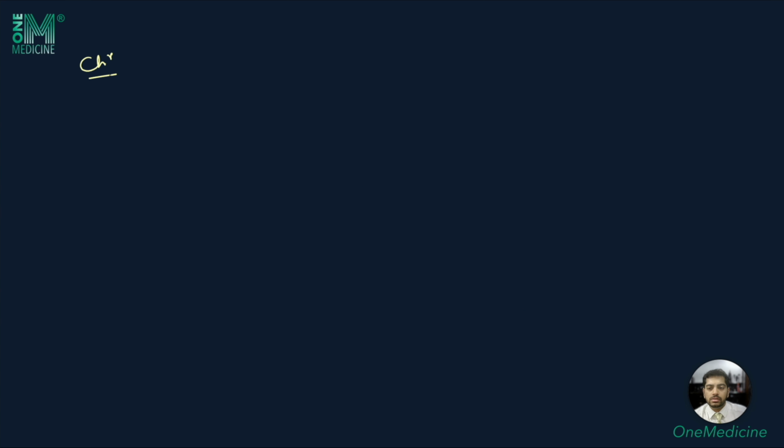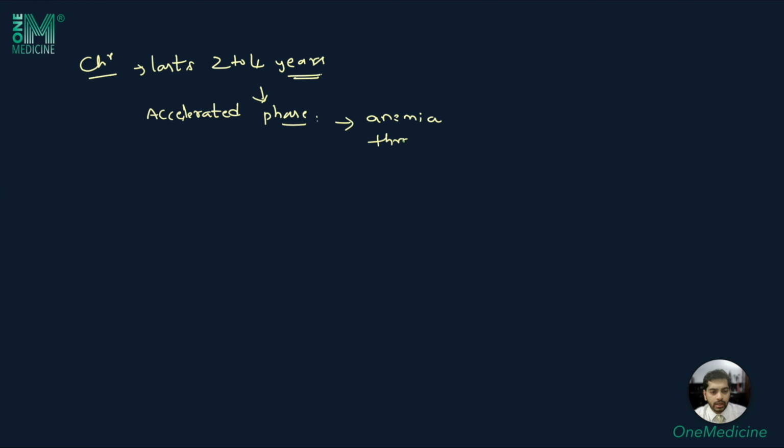The chronic phase usually lasts for 2 to 4 years. This can be followed by development of the accelerated phase, where there is anemia, thrombocytopenia. There can be additional cytogenetic abnormalities.